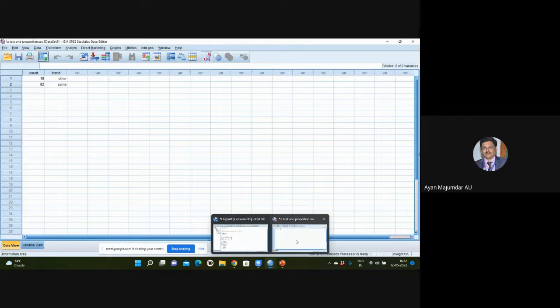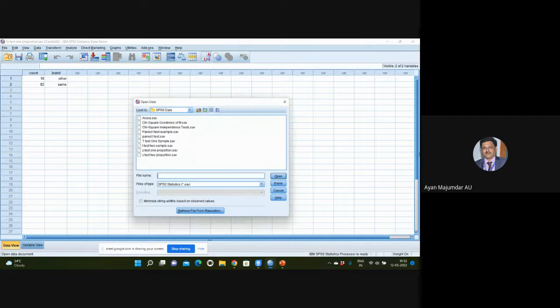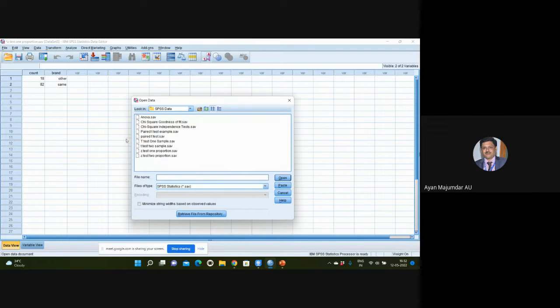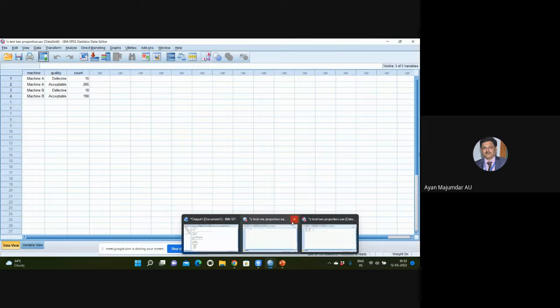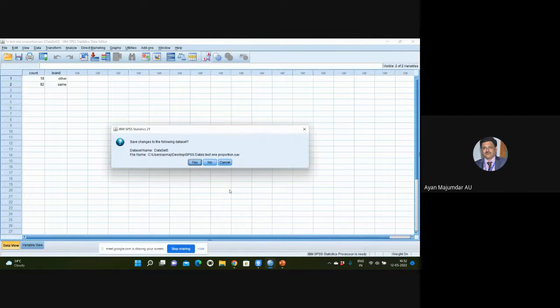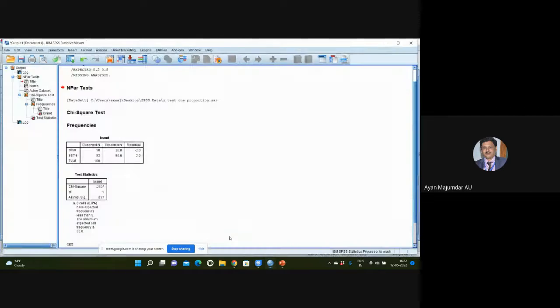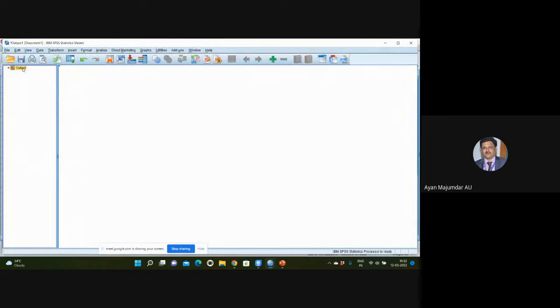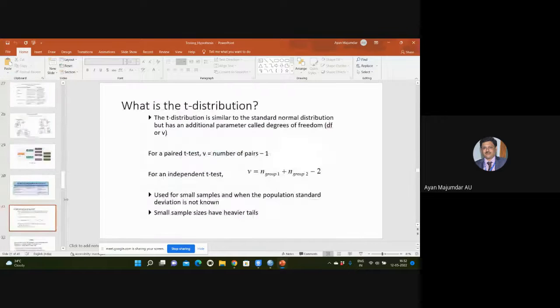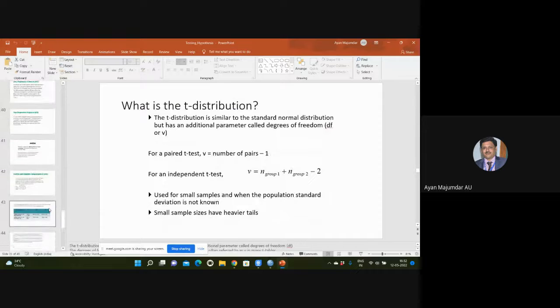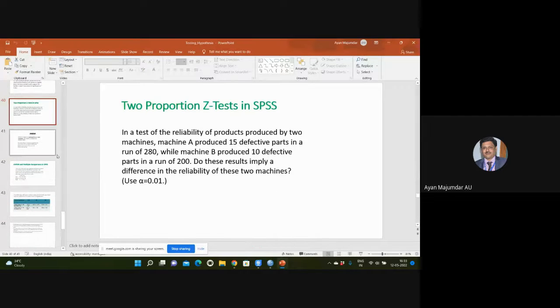How to deal with that? This is a 2 proportion Z test.